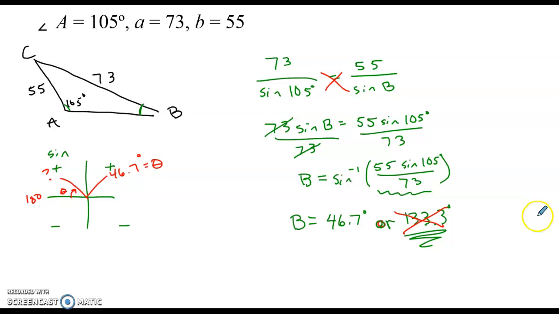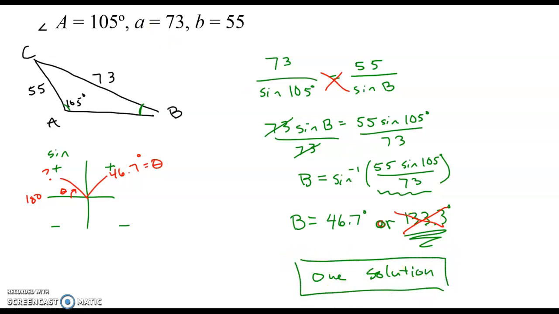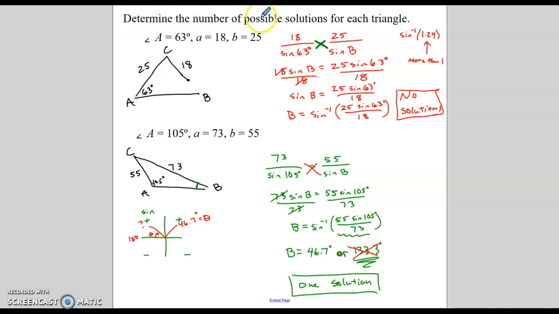This means that this triangle has only one possibility for angle B, which means that this triangle only has one solution. I could go find the other missing parts of this triangle if I needed to, but this question, you'll notice, just asked me to determine how many solutions were possible. So that's all I did, and if I needed to do more, I could, but I'm going to stop right there with this example.